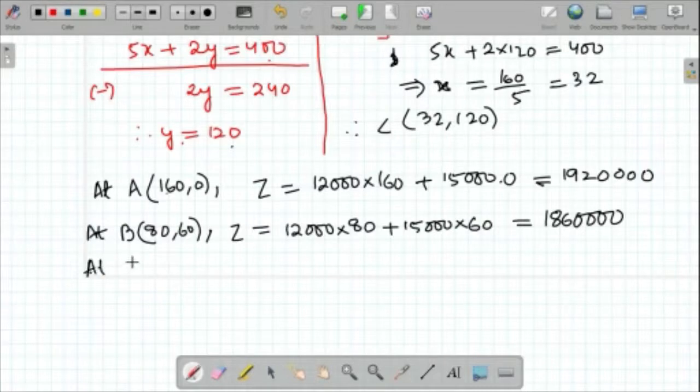Now let's calculate at C. Okay, what is C? 32 comma 120.